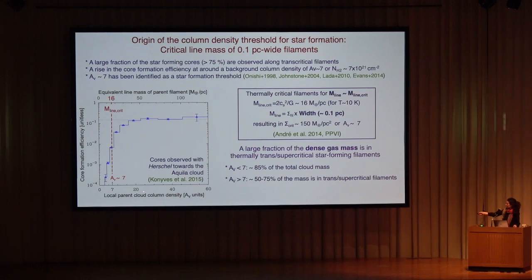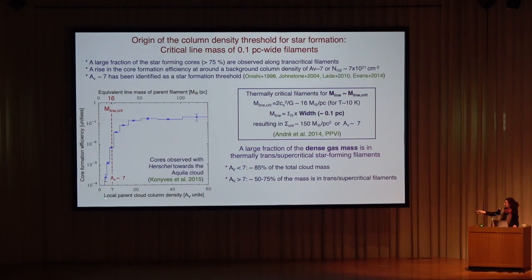And since there is this relation between the line mass and the column density of the filament, then the column density of the filament can be expressed in equivalent filament line mass, which is shown on the top x-axis.